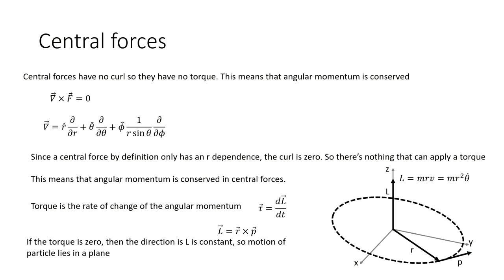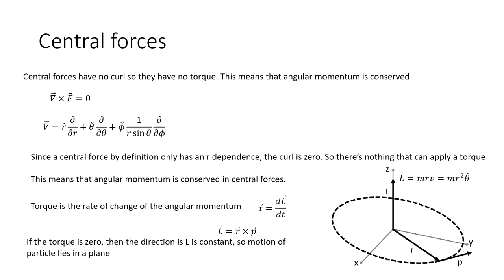Since the curl of this is 0, that means there's nothing going around in either the theta hat or the phi hat direction. And so there can't be any forces adding to or subtracting from the angular momentum, which means that angular momentum has to be conserved. Now, if you remember, torque is the rate of change of the angular momentum, just like force is the rate of change of linear momentum.